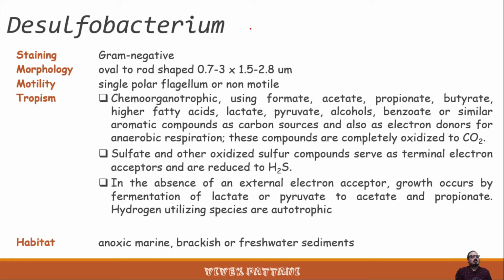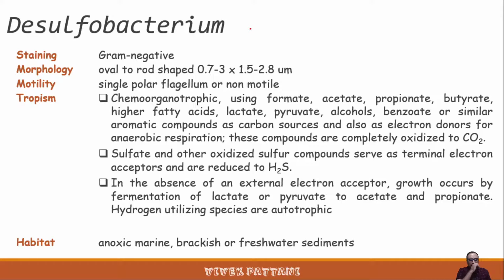This is a very diverse group of bacteria. Some of them are also involved in photosynthesis, and the bacteria related to photosynthesis we will discuss in the next lectures. Starting with the first, Desulfobacterium.